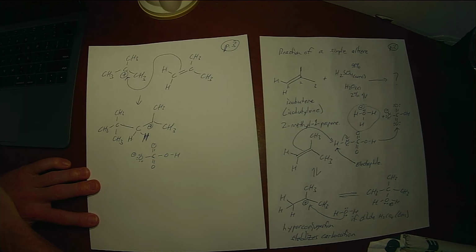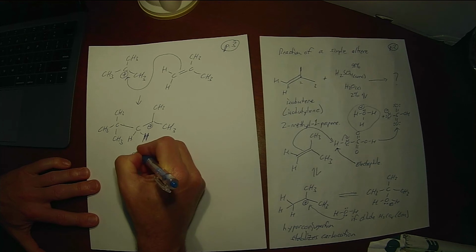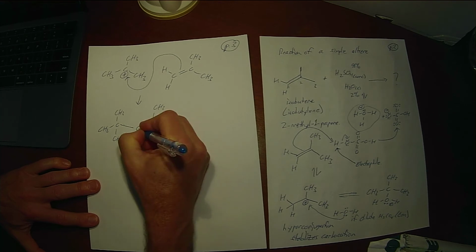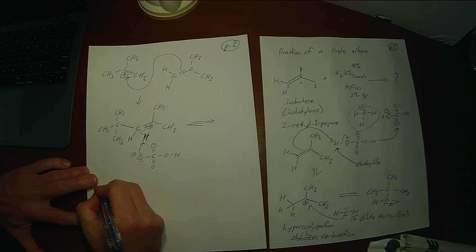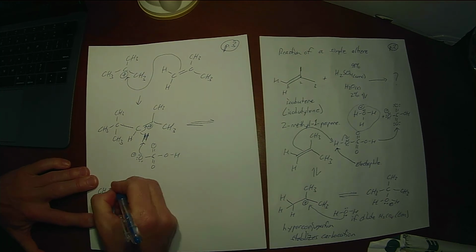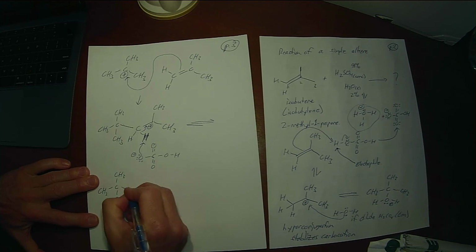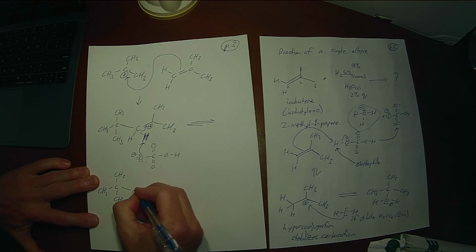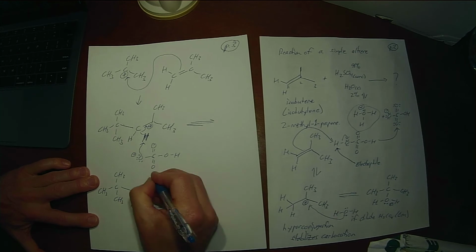There's probably a reason why I drew that hydrogen particularly big, and I put this oxygen near it. So you would expect that you would be able to dehydrate to form a CH, rather, and a double bond.